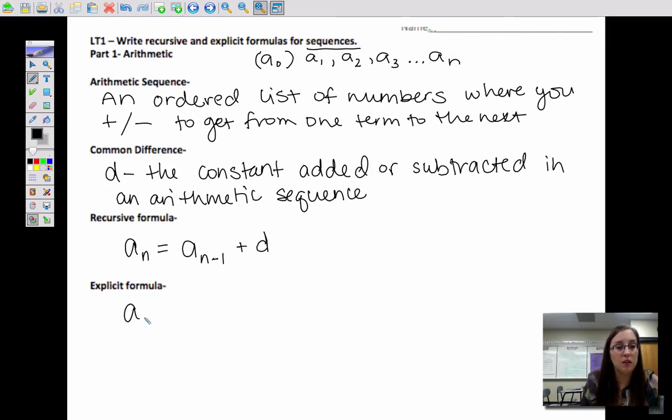So the explicit formula for any term in an arithmetic sequence is a sub n equals the first term plus the common difference multiplied by n minus 1, meaning we're going to add that common difference to the first term as many times as whatever term we're on minus 1. So if we're on the 50th term, it's been added 49 times. So that's where we're at here. Like, let's say, well, we'll get to an example here in a minute.